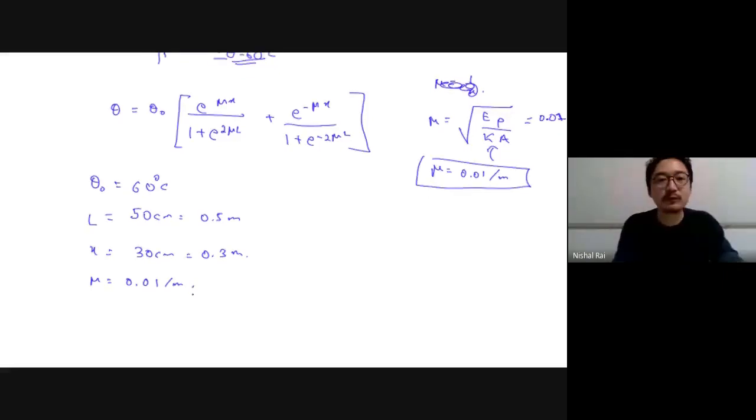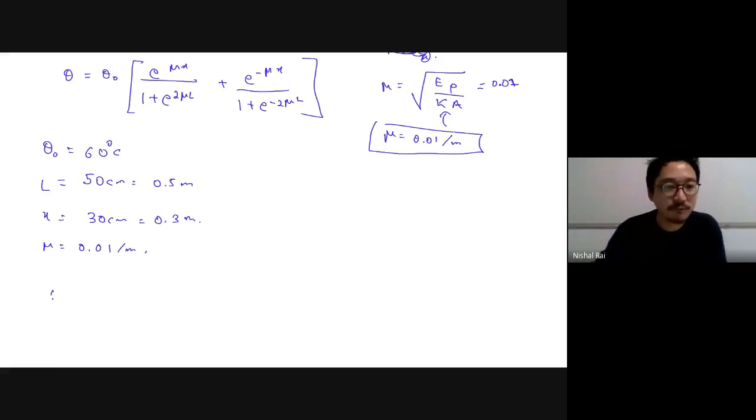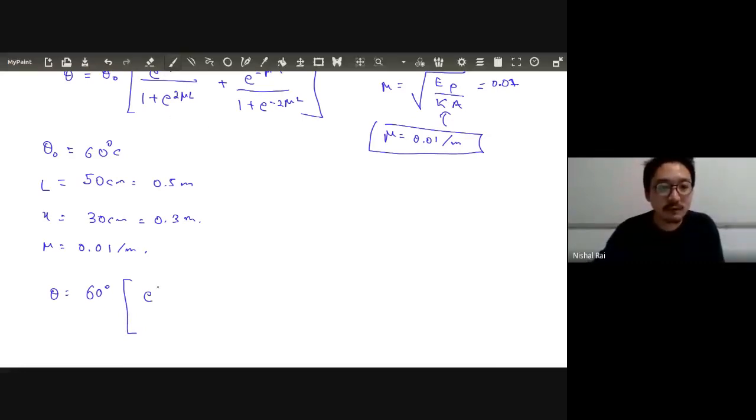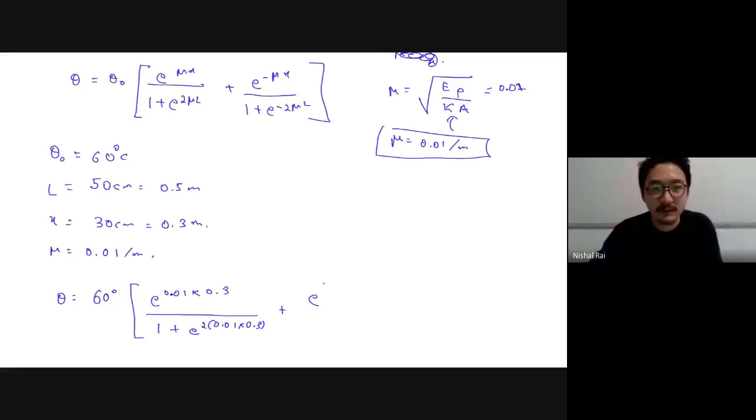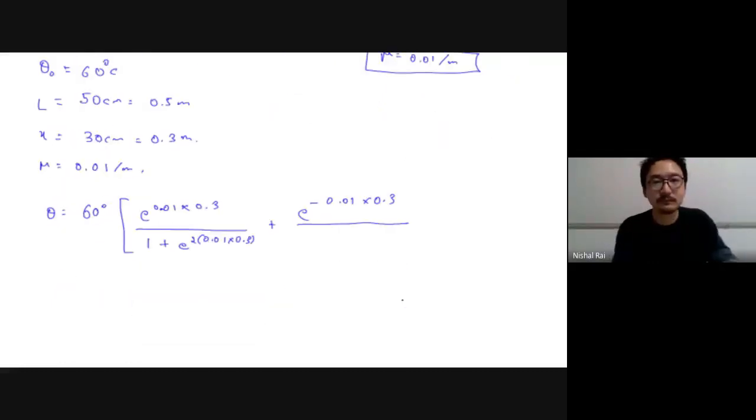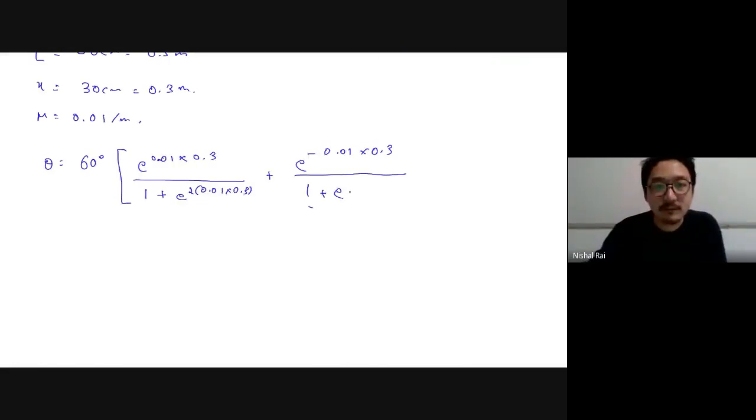Now you have to just put it over here. What is the value of e to the power 0.01 times 0.3, divided by 1 plus e to the power twice of 0.01 into 0.3, plus e to the power negative 0.01 times 0.3, divided by 1 plus e to the power negative twice of 0.01 into 0.3?